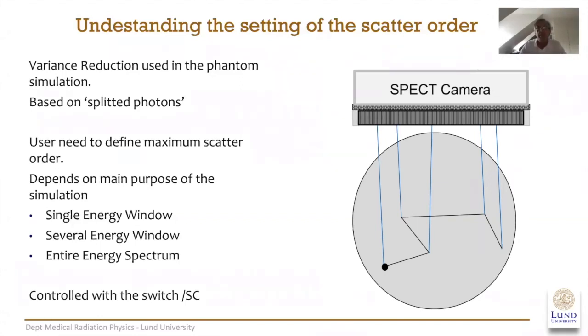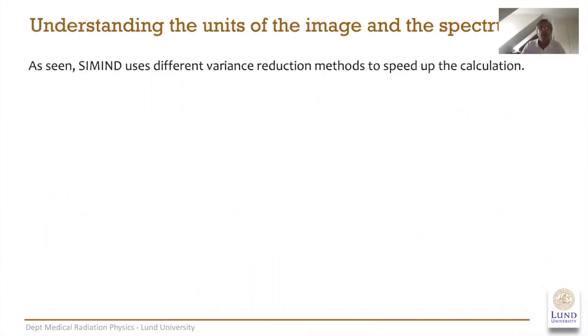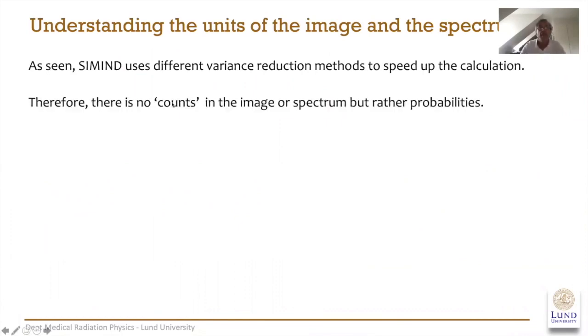Before the simulation example, I will also talk a little bit about the units of the image and the spectrum. Because I'm using a lot of variance reduction to speed up the calculations in SIMIND, there are no counts in the image.